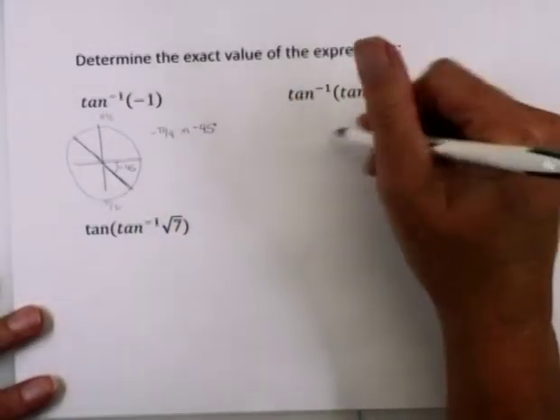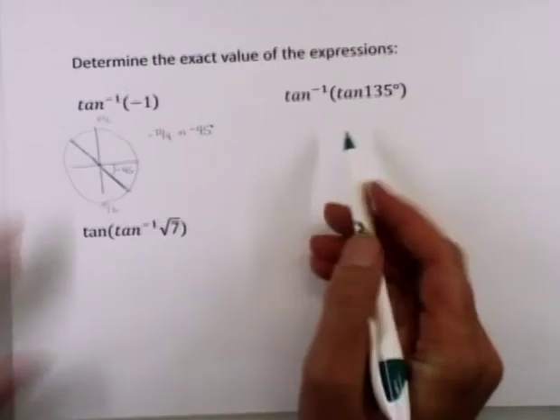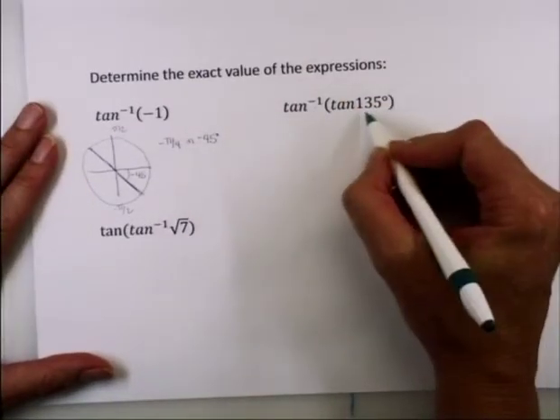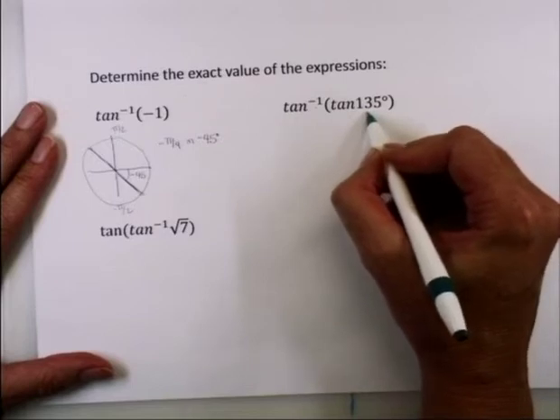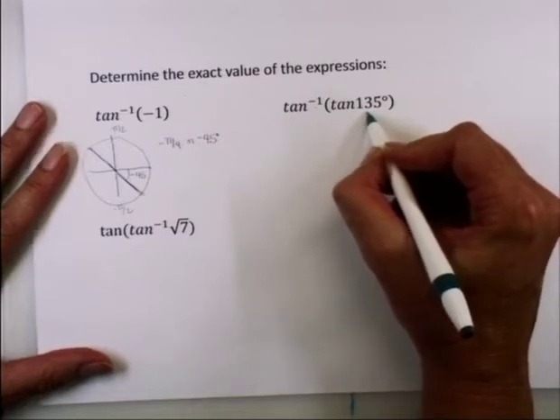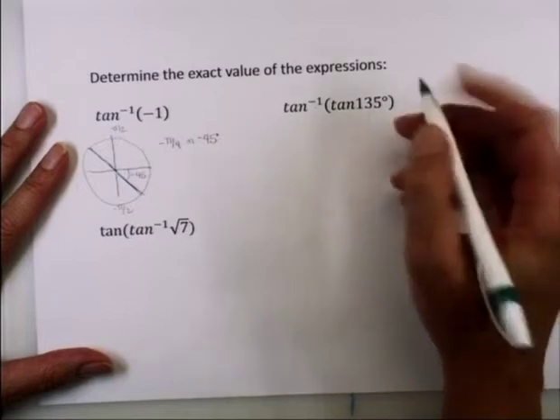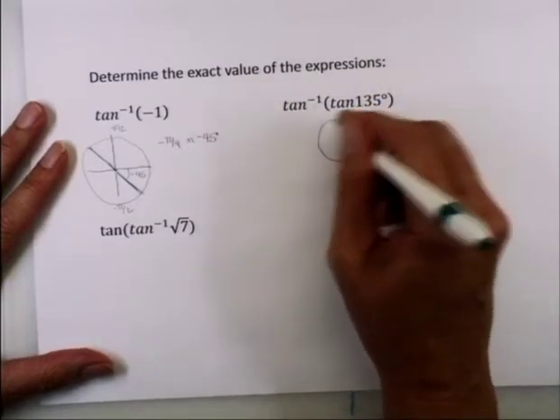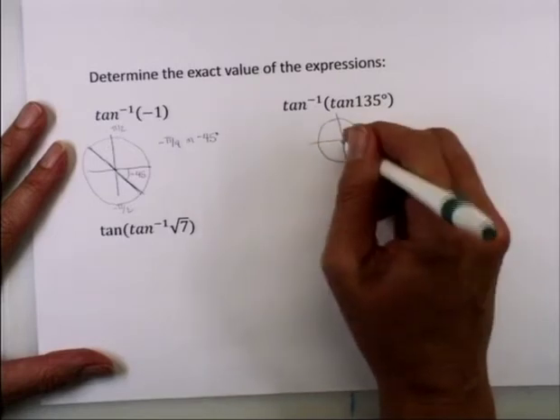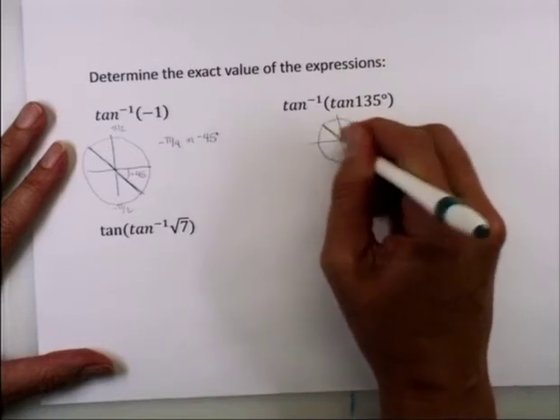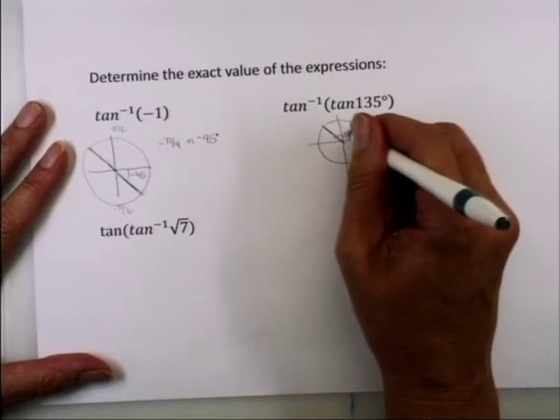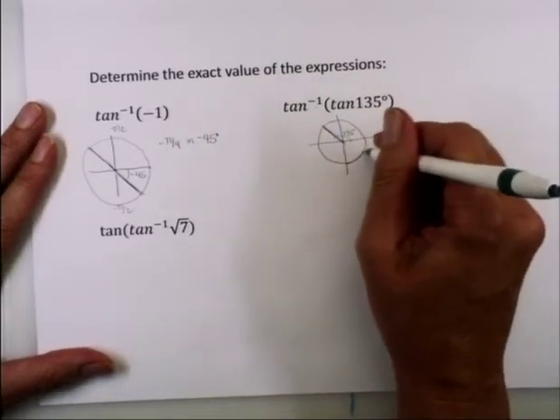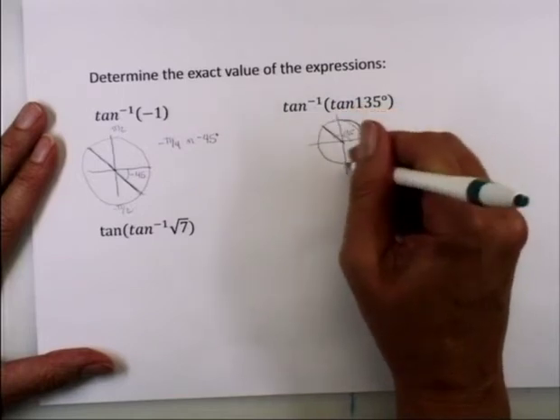Now this one, 135 degrees: the tangent inverse of the tangent of 135. Is this within my restricted domain? It's not. If I think of my circle, 135 is right here, and I need something in either quadrant 4 or quadrant 1.